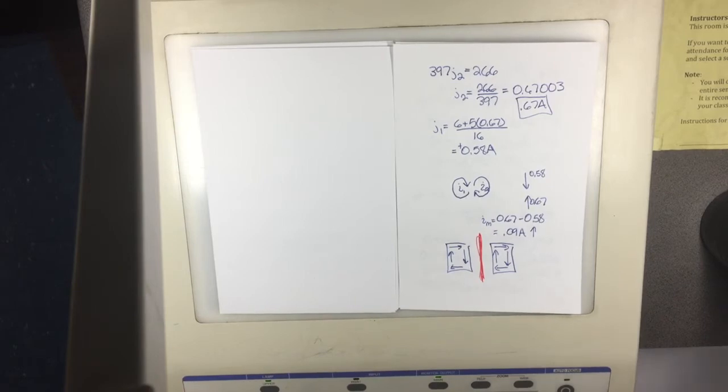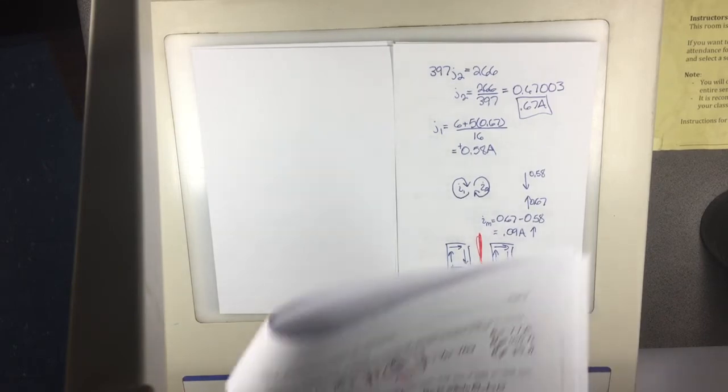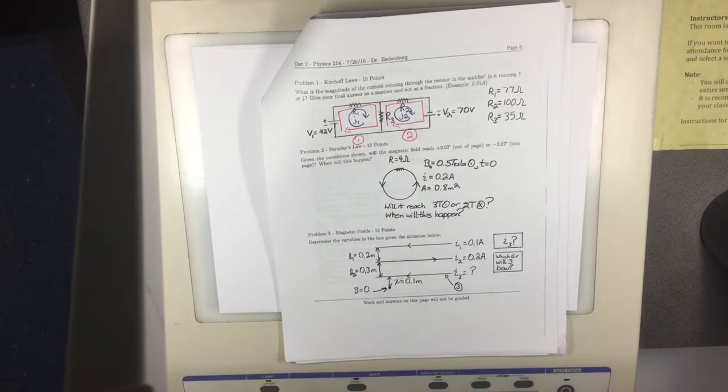Okay, number 2. We have a circular situation. A is static, B is not. I want to know if the current is running counterclockwise, will the B field reach positive 3 Tesla or negative 2 Tesla?